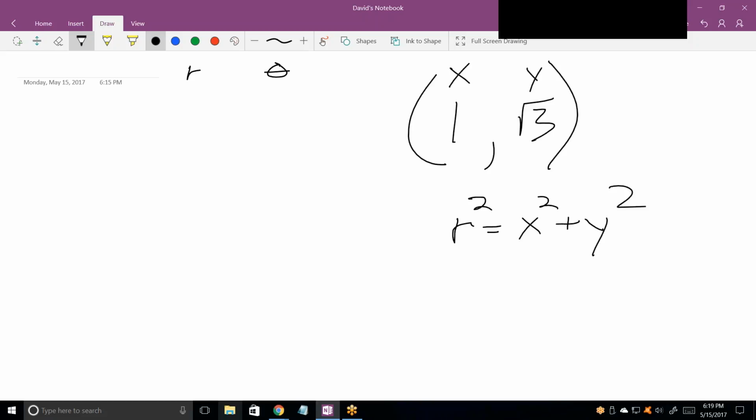There's that conversion. Excuse me, r is plus or minus the square root of x squared plus y squared, which makes r the square root of 1 plus 3. So r is plus or minus 2.